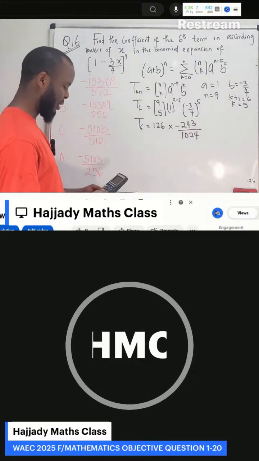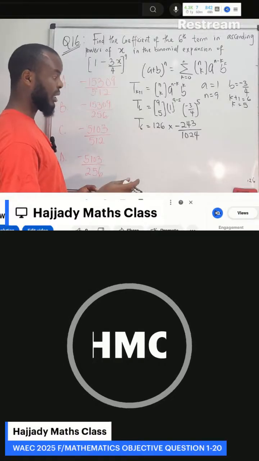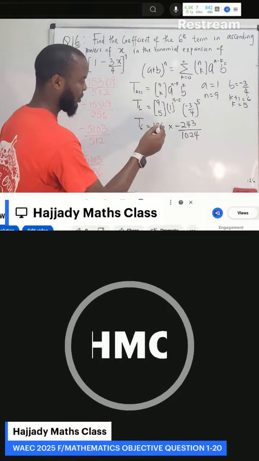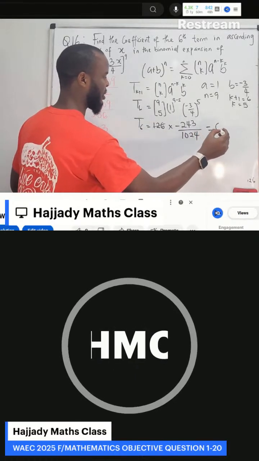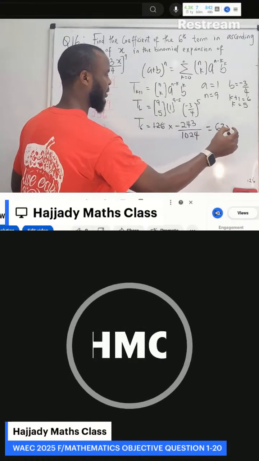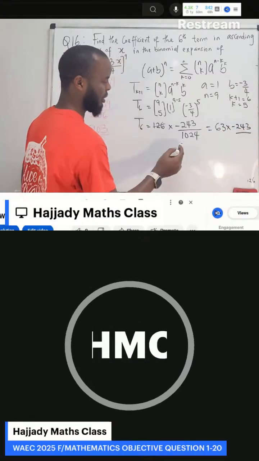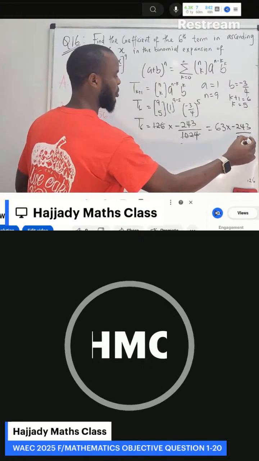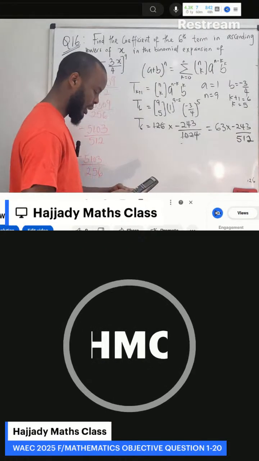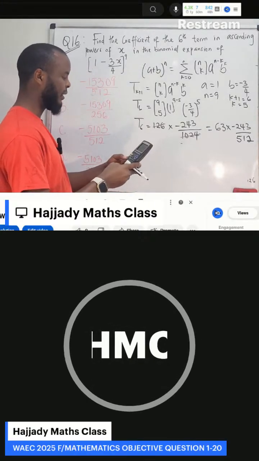Now, let's simplify further. 126 times 243, or you can divide by 2 if you want. If you divide this by 2, you have 63 times -243, and if you divide this by 2, we have 512. Now let's multiply 63 times 243.